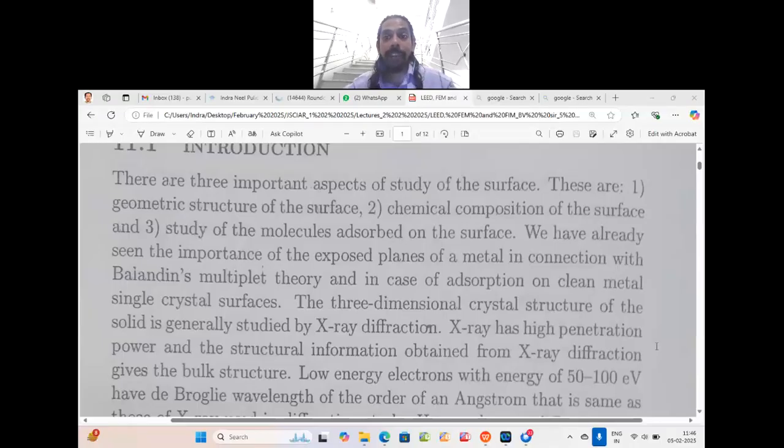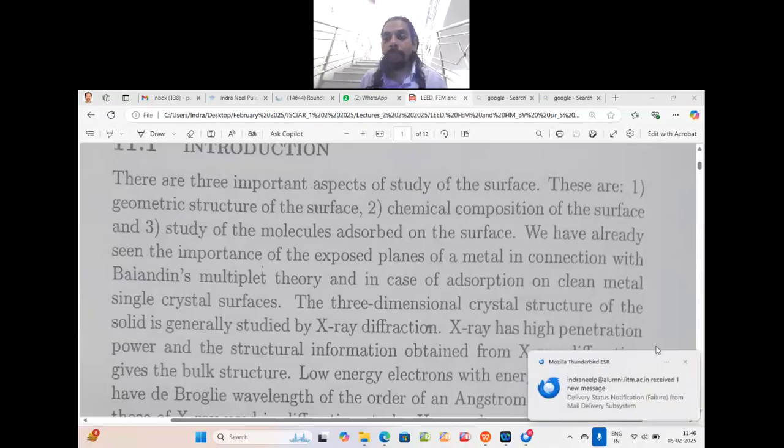When photons are impinged on the surface of the material present in high vacuum, the photons are knocking out, ejecting the electron from the core level. The core level means K shell, KLM, and we do have different shells.